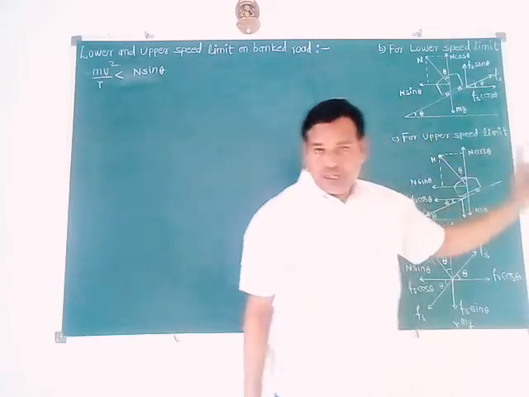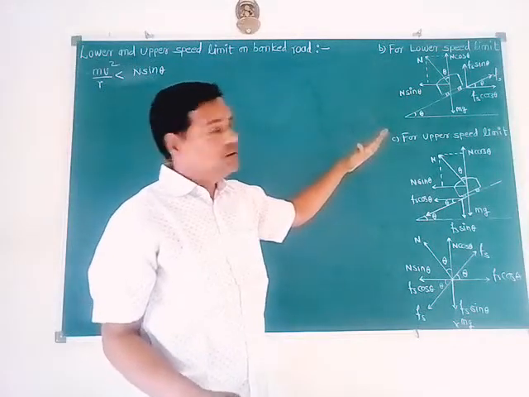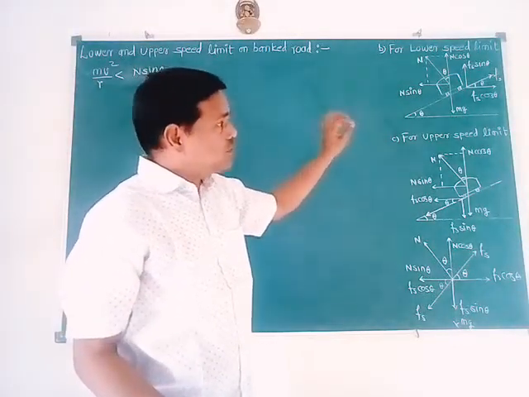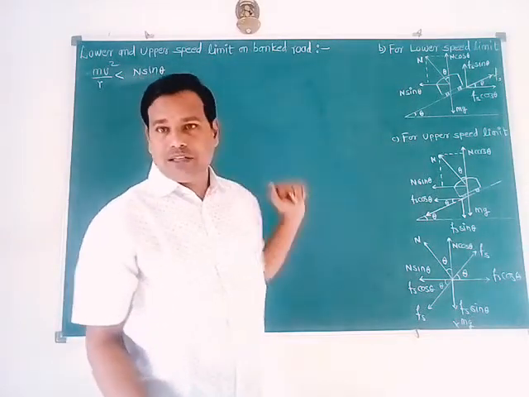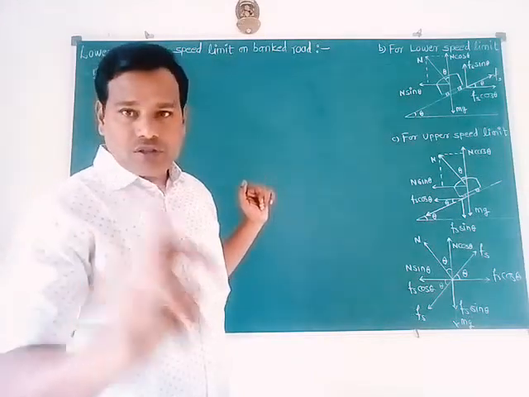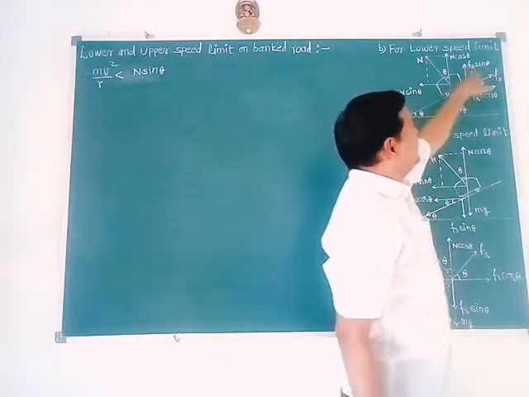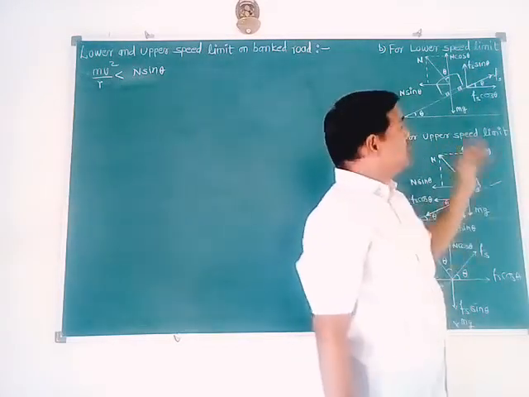So the force of friction now in action on the banked road for the lower speed limit is acting in the upward direction parallel to the inclined surface. It is resolved into two components, F cos theta opposite to n sin theta, and F sin theta, which is in the direction of n cos theta.